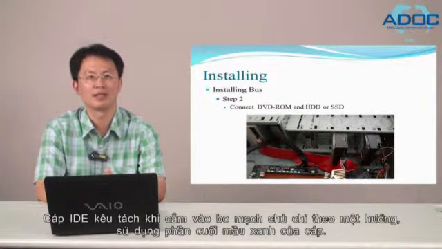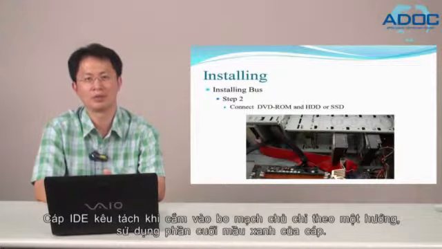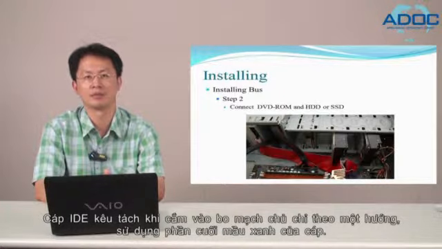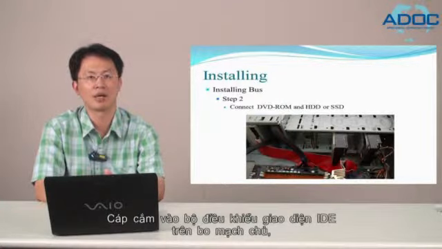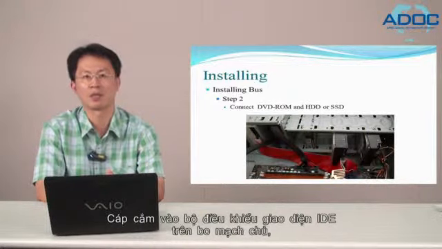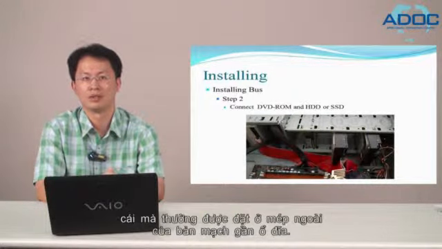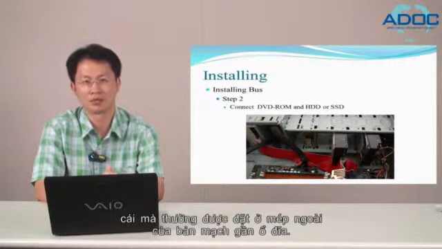IDE cables snap into the motherboard in only one direction, using the blue end of the cable. The cable plugs into the IDE interface controllers on the motherboard, which is typically located on the outer edge of the board near the drives.